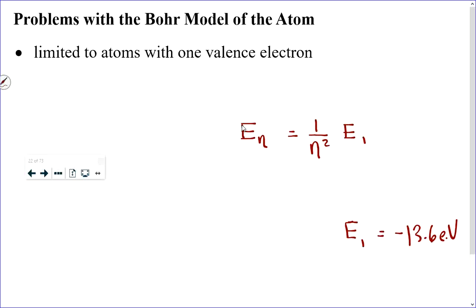And what you get, unless I'm mistaken, is about negative 3.4, which is E2 on your diagram. And if you take negative 13.6 and multiply by 1 over 3 squared, I think you're going to get about negative 1.51, which is E3.